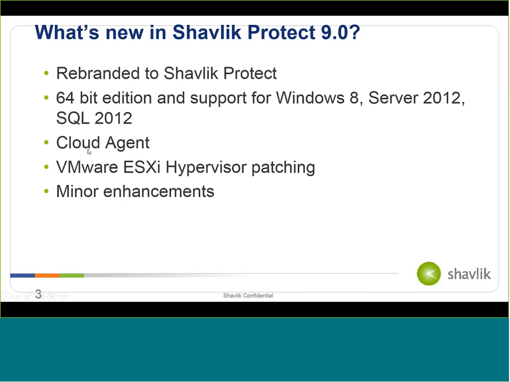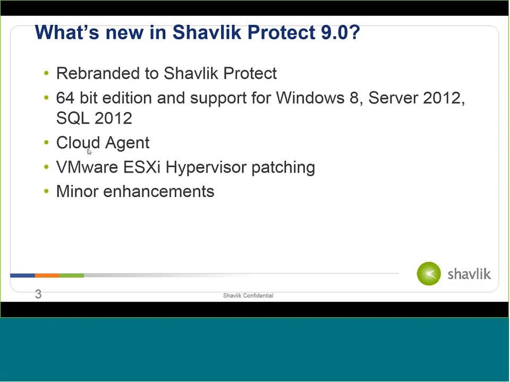There's two major features that we'll be covering in today's webinar. There's the Cloud Agent feature and also the VMware ESXi Hypervisor patching. These two major features are brand new to the product. We've extended platform and product coverage to cover the ESXi Hypervisor platform. We've also extended our ability outside the firewall through what we call the Protect Cloud.